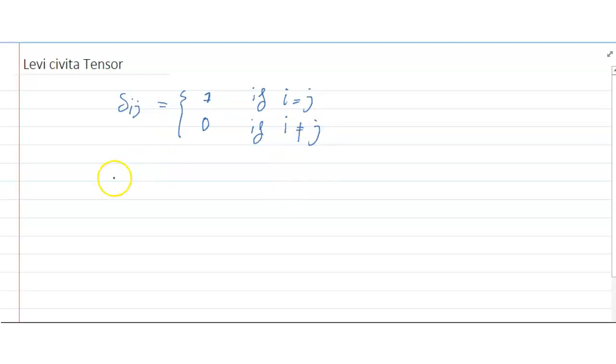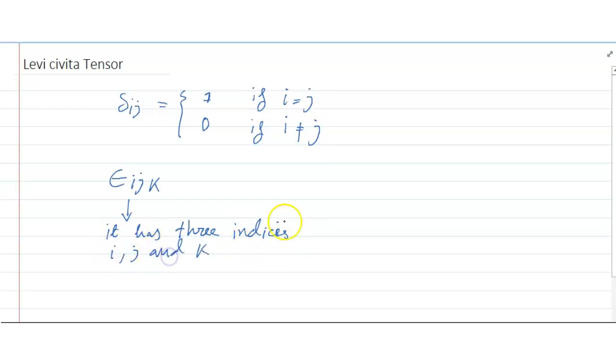Another is epsilon ijk. It has three indices i, j and k.